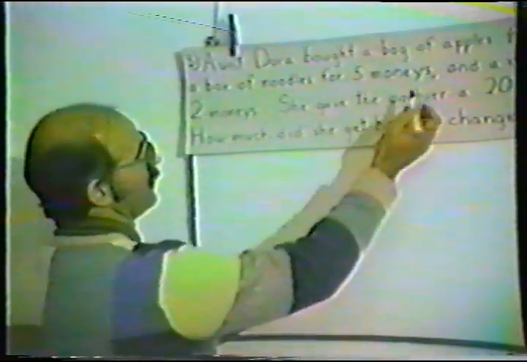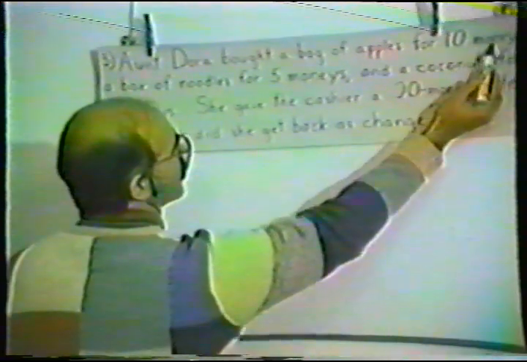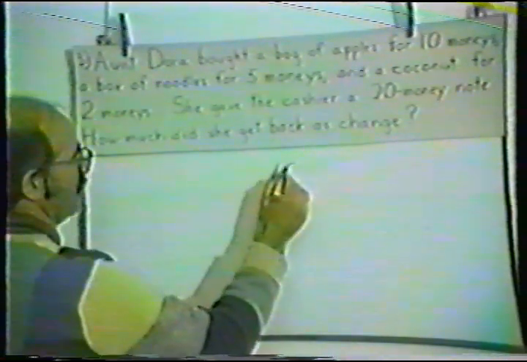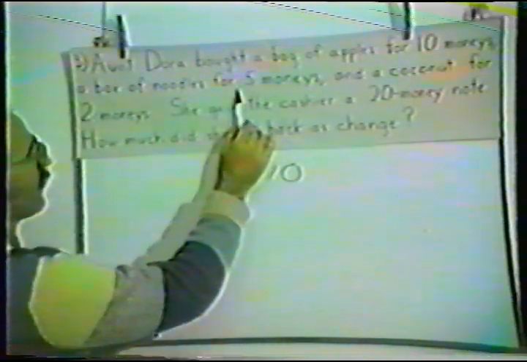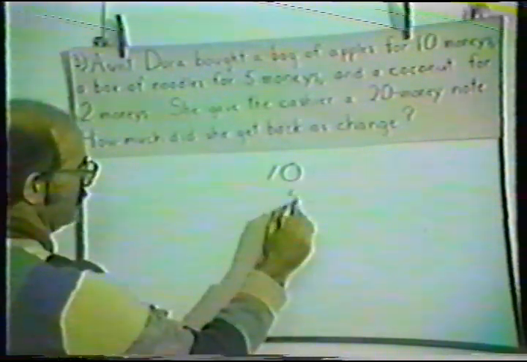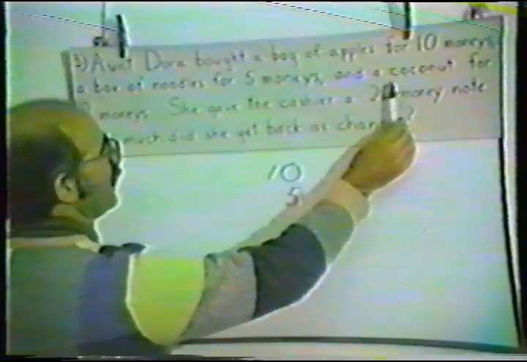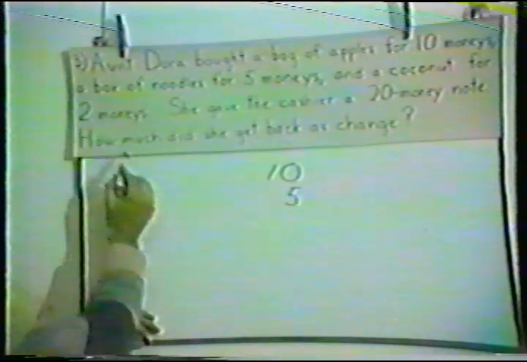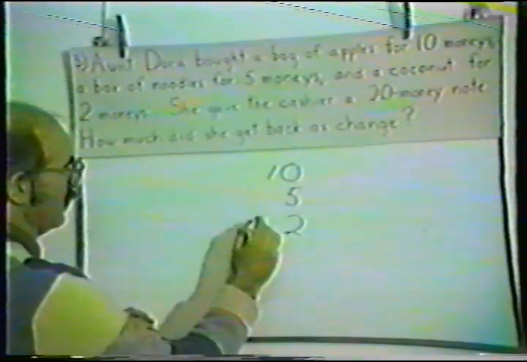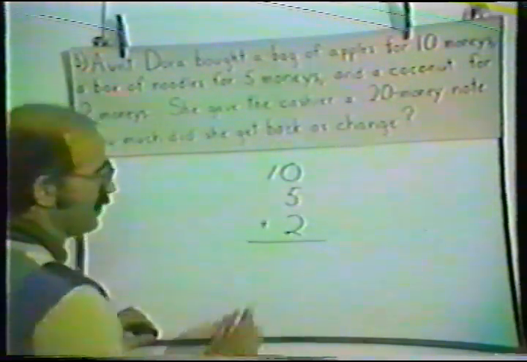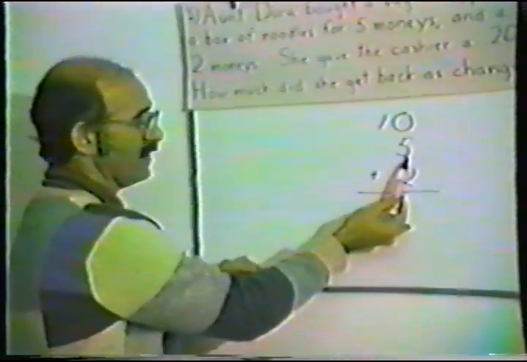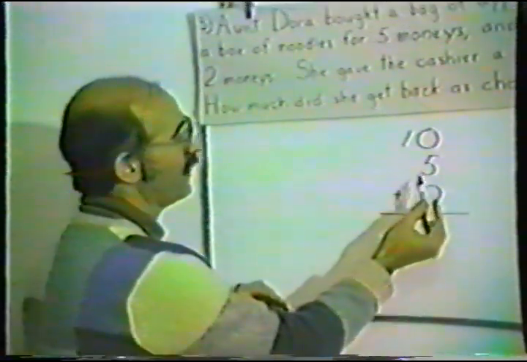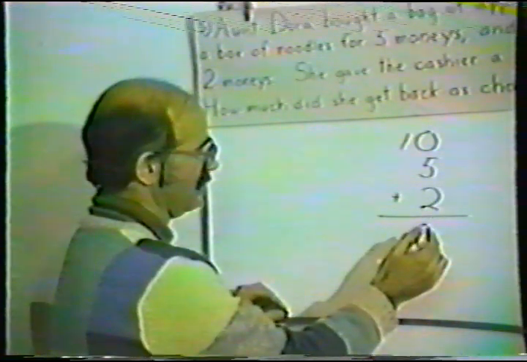Okay, we bought the apples for 10 monies. We bought a box of noodles for 5 monies. And a coconut for 2 monies. Let's add all that up. 0 plus 5 is? 5. 5 plus 2 is? 7.